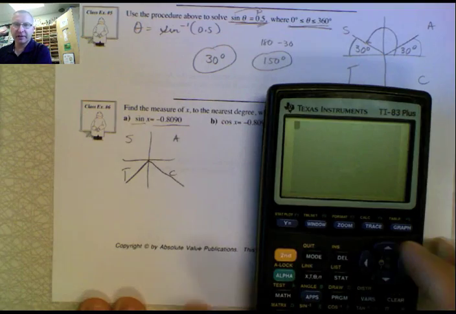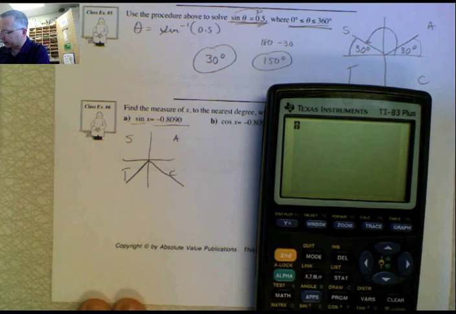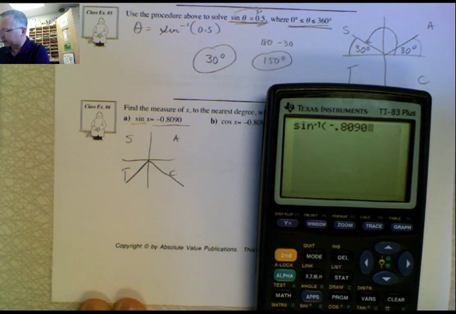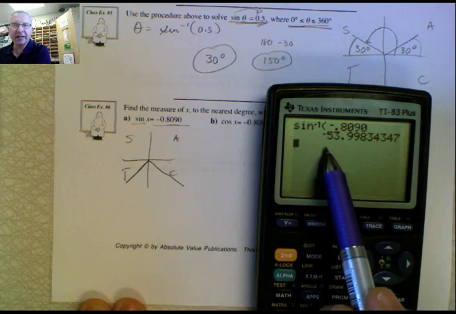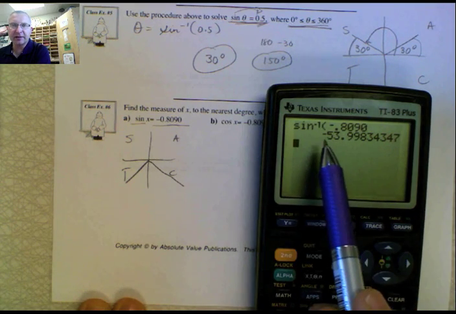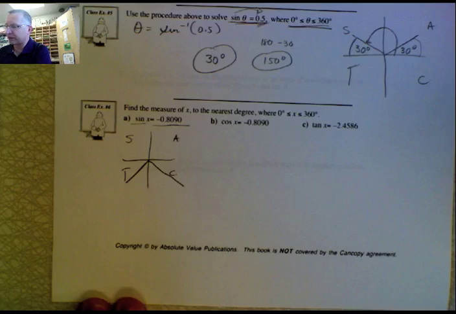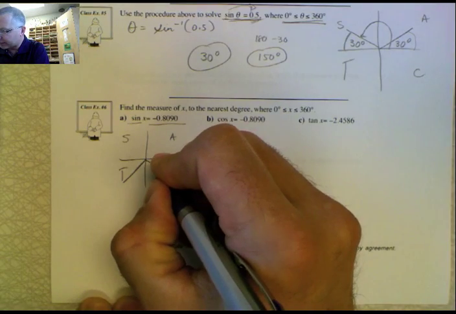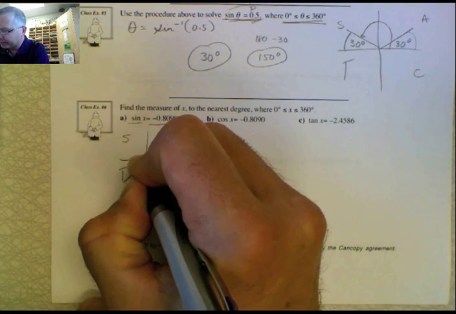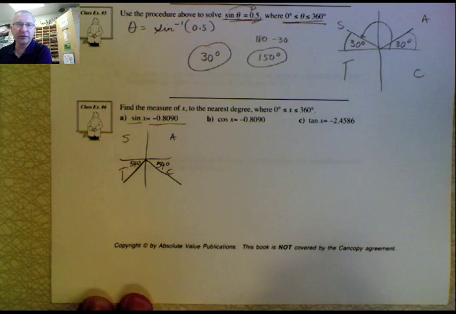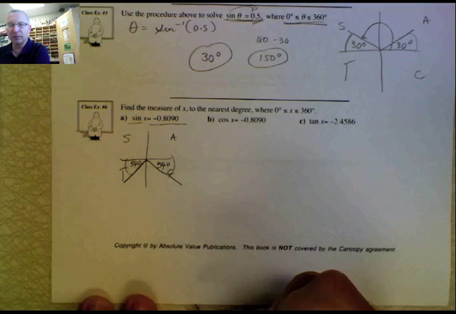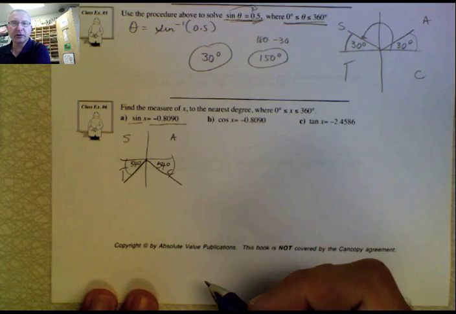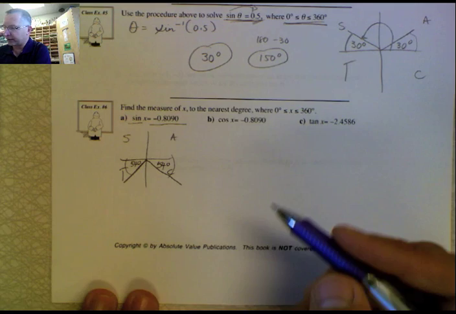Then take our calculator and you go inverse sine of negative 0.8090. It tells us it's a negative angle, but if we round this, it tells us our reference angle is 54 degrees. So that's our reference angle in quadrant 4 and our reference angle in quadrant 3. They're both 54 degrees.